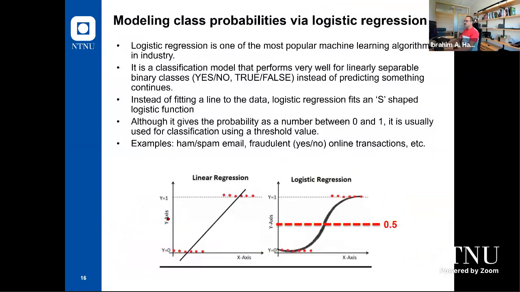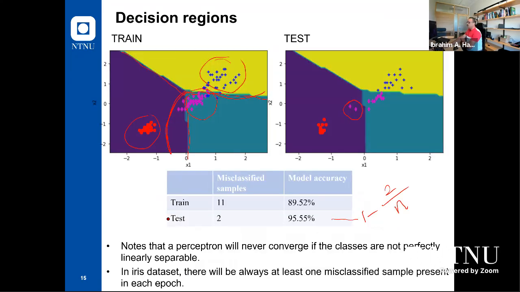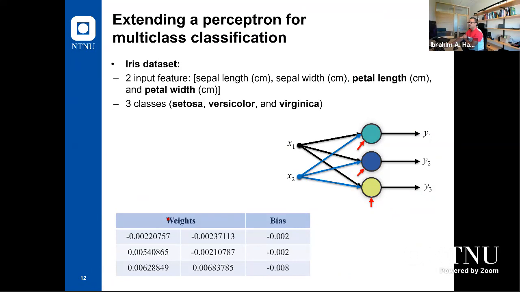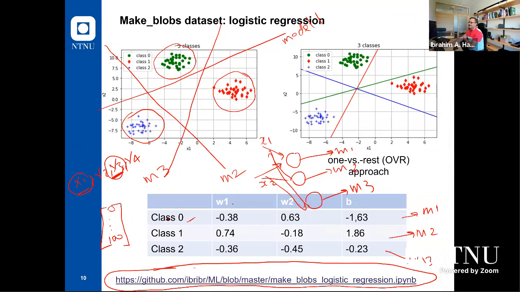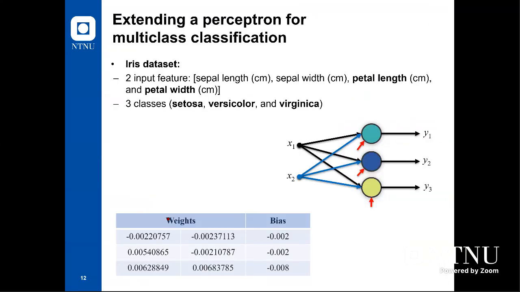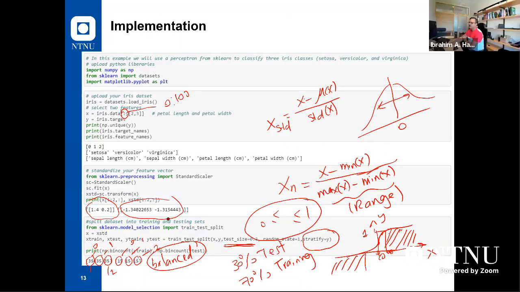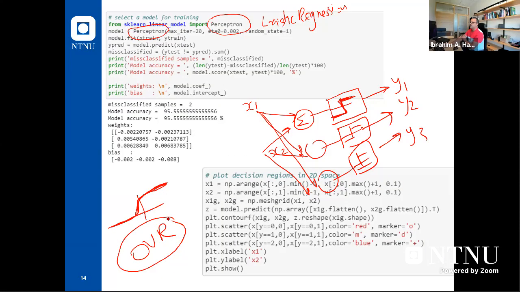So we can go to the slides on modeling class probabilities. Do you want time to run this code? You also had the code. I didn't put a link for it here, so I guess it's the perceptron for multi-class classification. So maybe I can find it.